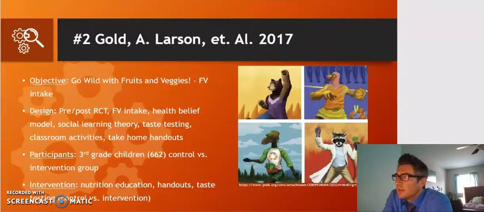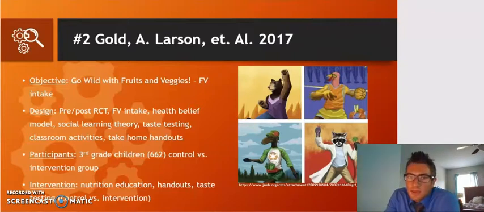Second study I looked at assessed a program called Go Wild with Fruits and Veggies. Again, another catchy title with colorful animations and pictures. Pictured at the right are some of the characters which are used as part of the educational material. The Go Wild with Fruits and Veggies program provides resources and education for educators to perform in the classroom nutrition education sessions which involve an optional taste testing experience for children to select and try new fruits and vegetables.